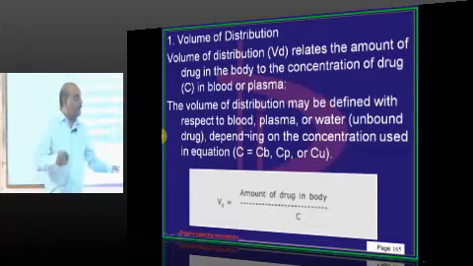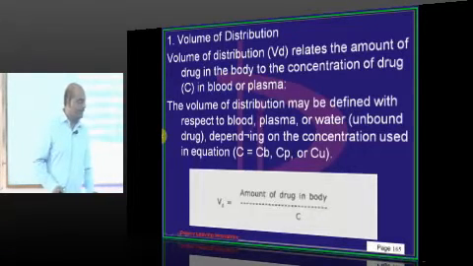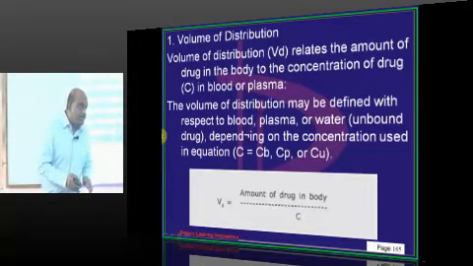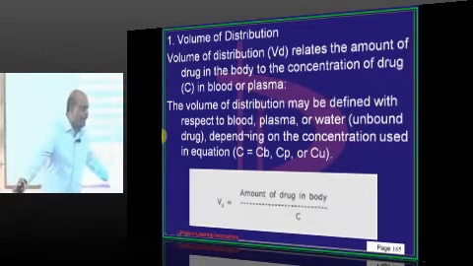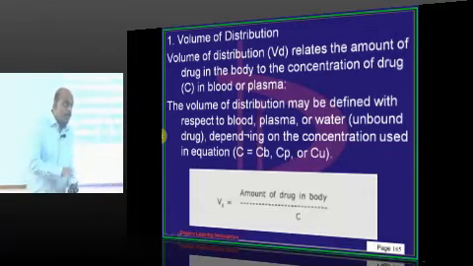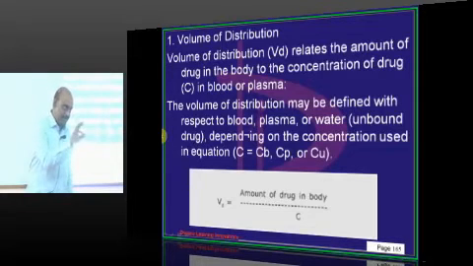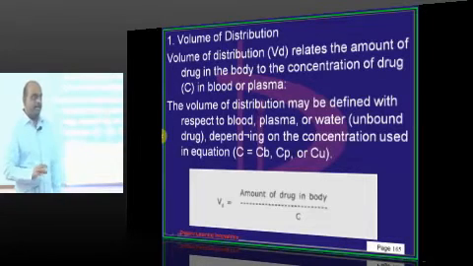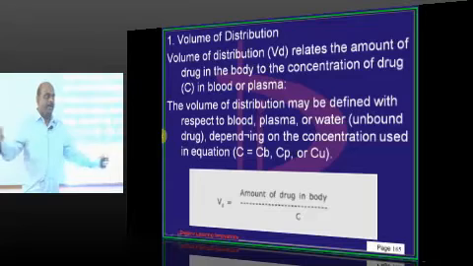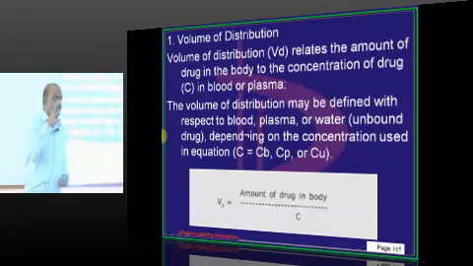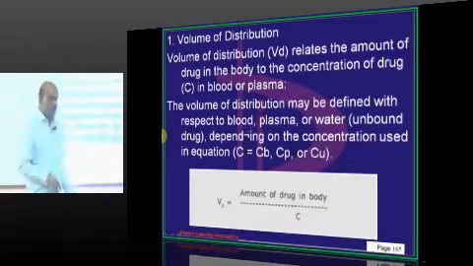Wherever it wants to go and stay outside plasma, it has a choice. Suppose it has a tendency to distribute into the entire body, the amount of the drug remaining in the plasma will be low. For a highly lipid soluble drug, for example, it won't remain in plasma. It will go to all fat tissue, bone tissue, cartilage tissue, everywhere and distribute.